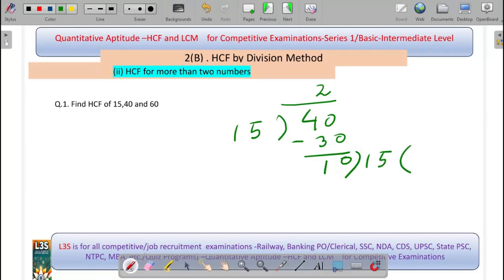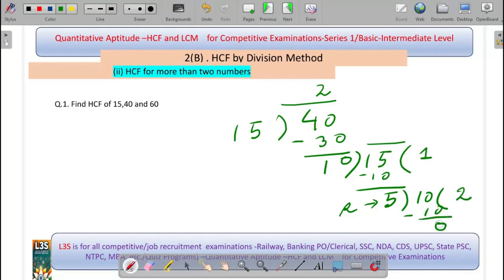So we consider 15, 10 into 1 is 10, so the remainder will be 5. The divisor 10 will come here, 5 into 2 is 10, remainder 0. So the last divisor is 5. So the HCF between 15 and 40 is 5.